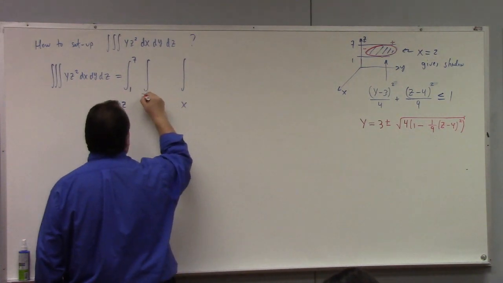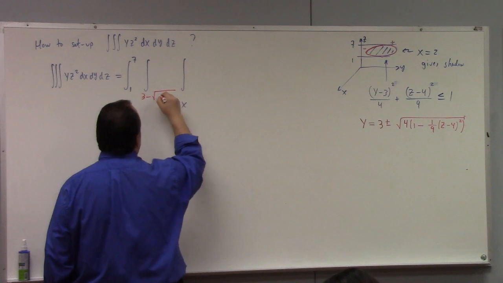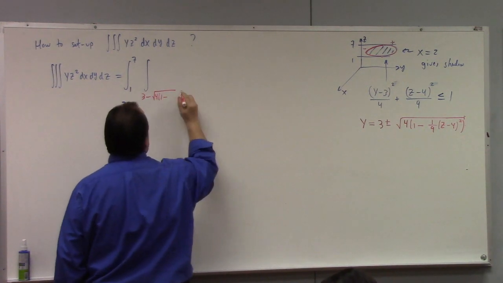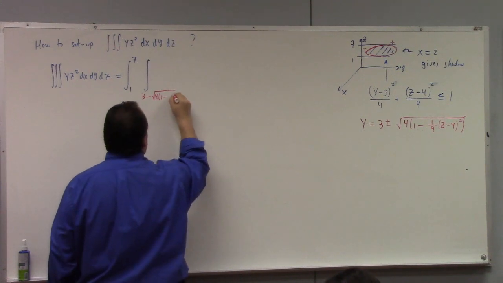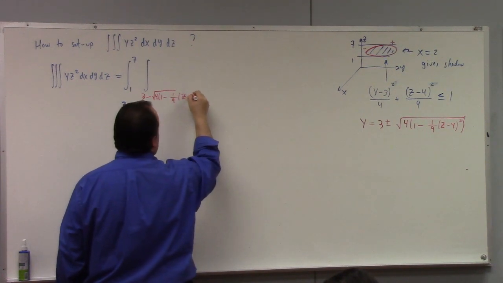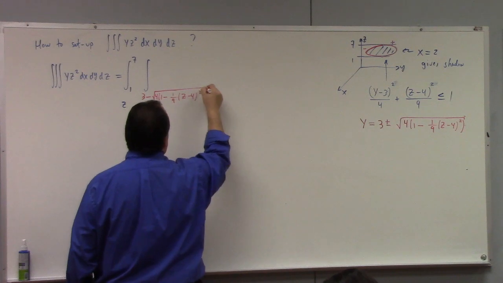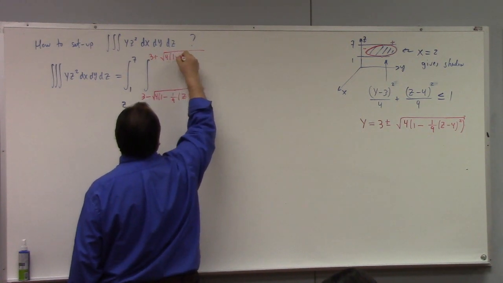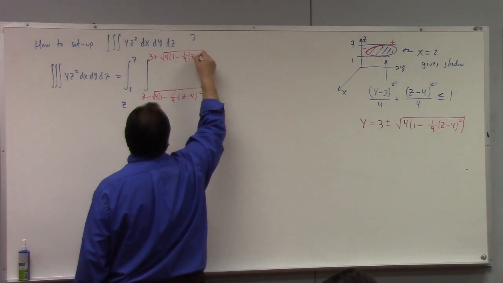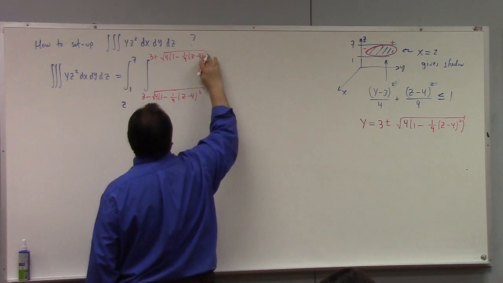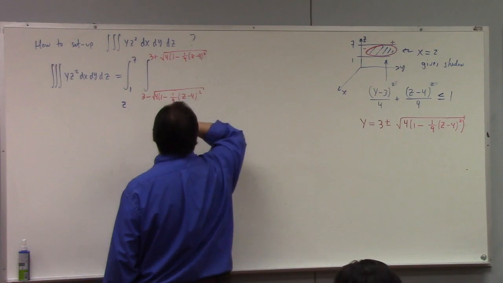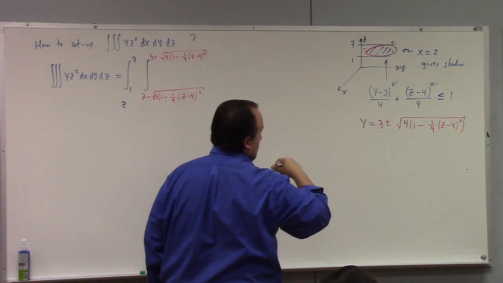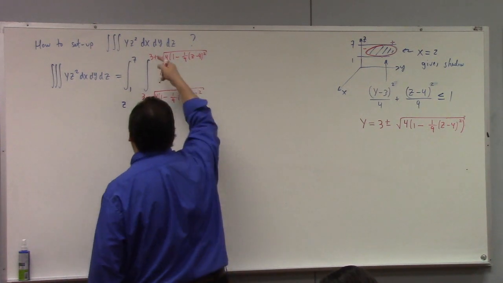So 3 minus the square root of 4 times 1 minus 1/9 z minus 4 squared, and 3 plus the square root of 4 times 1 minus 1/9 z minus 4 squared. All right. Okay. Cool. That's it for the y bound.